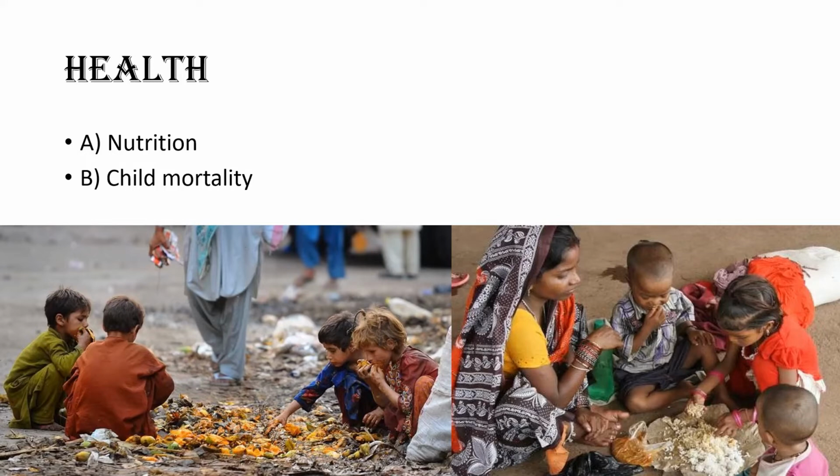The household member who is malnourished is measured by the body mass index for adults, and for children below the age of 5 it is calculated based on World Health Organization standards, that is, height for age. Number 2, child mortality. A household is said to be poor where a child has died in the household within 5 years prior to the survey.